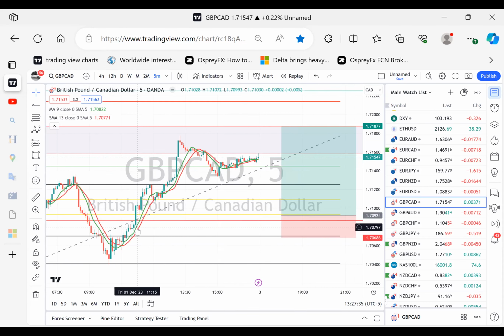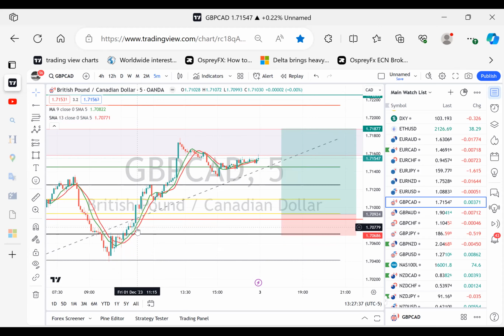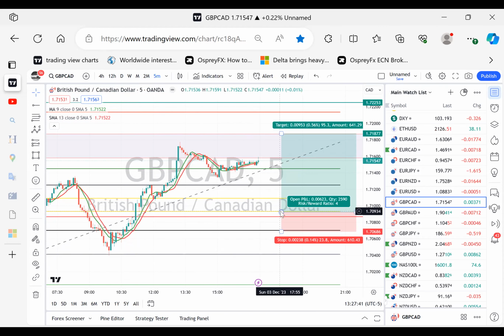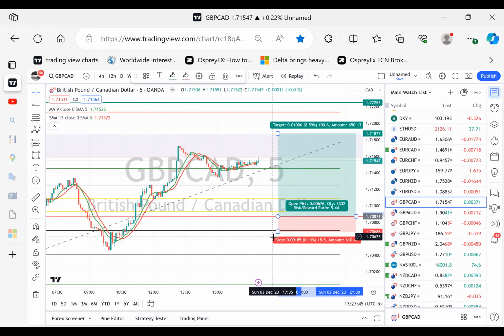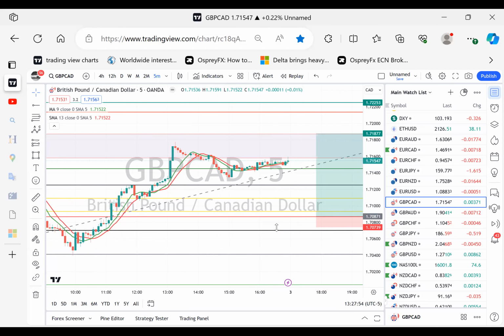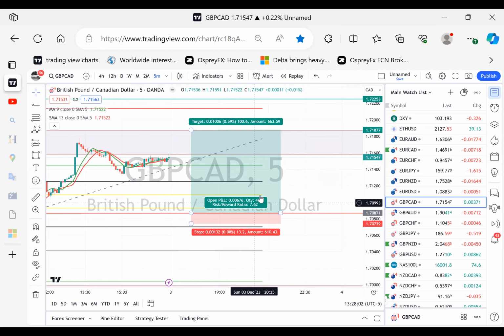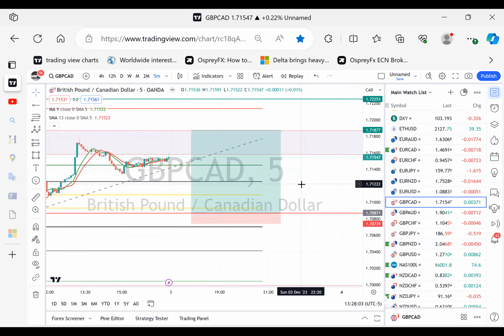This is definitely where your entry is going to happen. The candle is so small I can't even see it. Okay, so you can get about a 13 pip stop loss and a better risk reward, about a 7% trade if you do it like that.